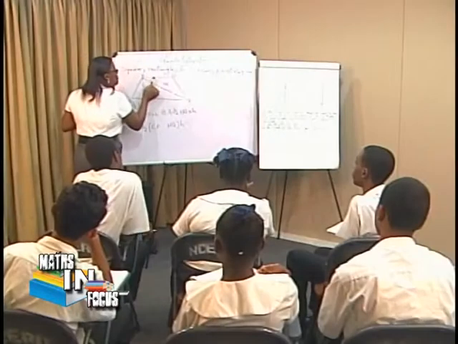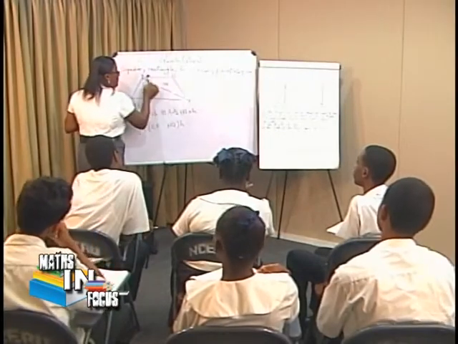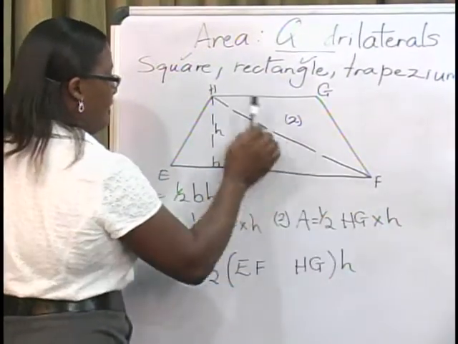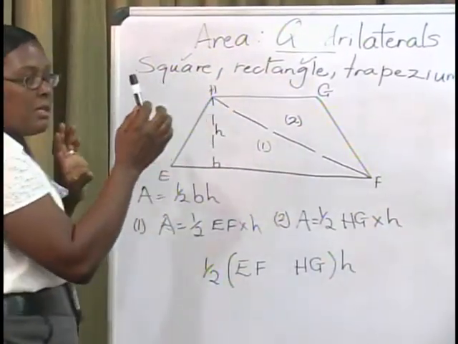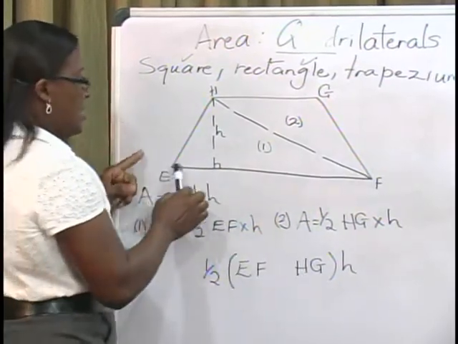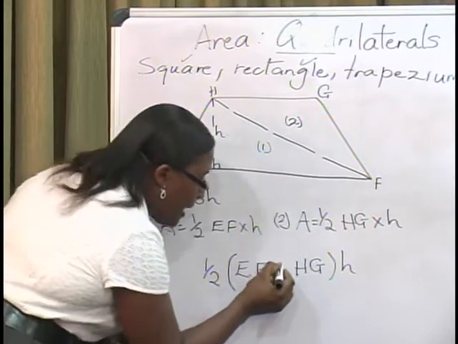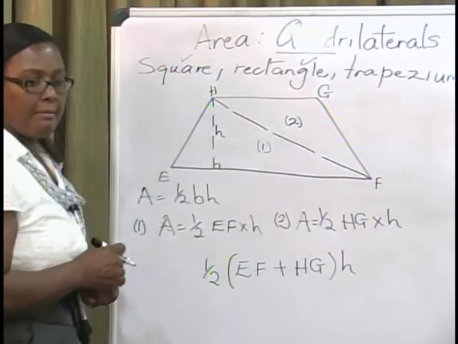Now how do we connect the middle? The sum of triangle FGH and triangle EFH would give us the area of trapezium EFGH, so we're going to add at the middle there.